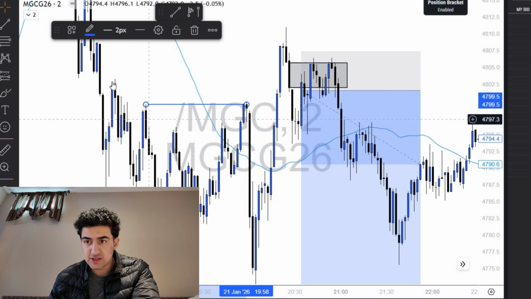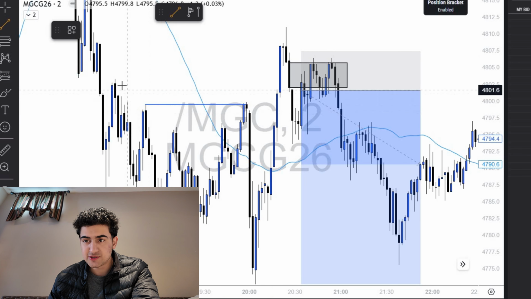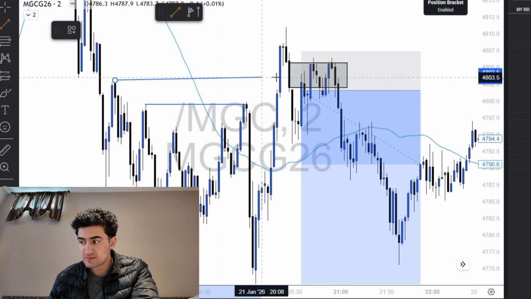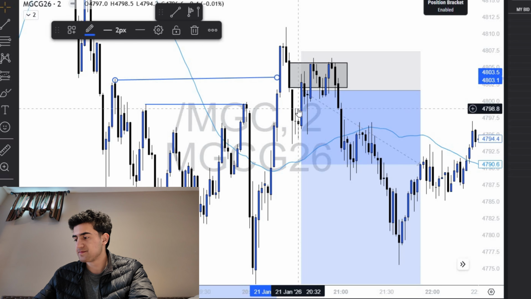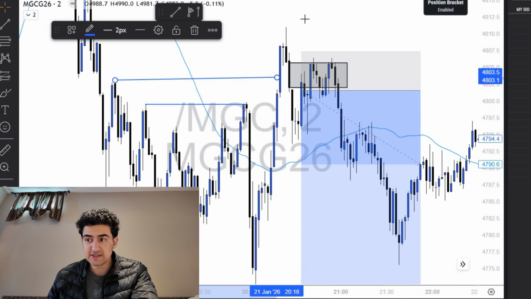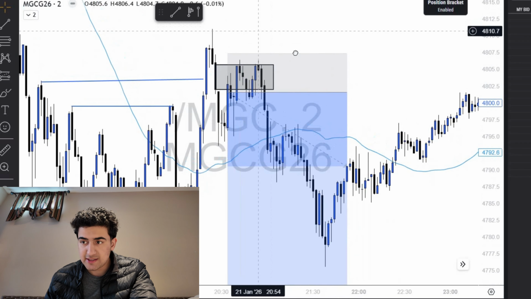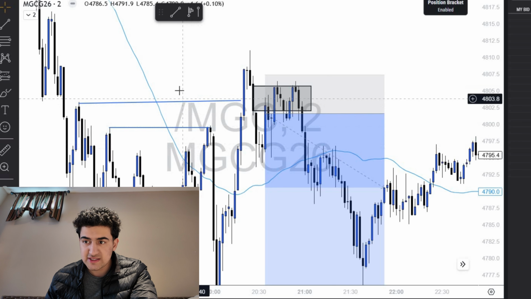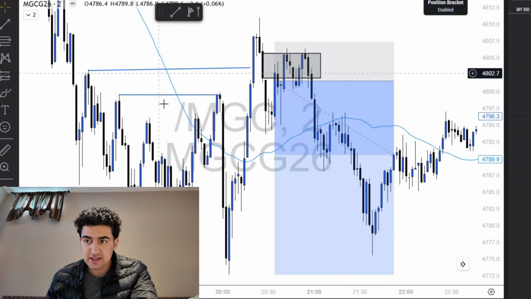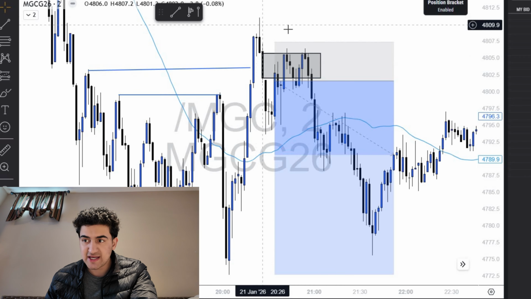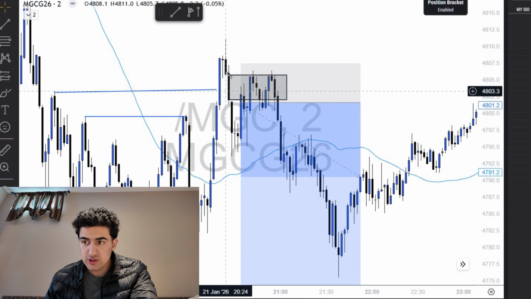We have these liquidities, we have this one. So this is what liquidity is, and right here we take out all of these, the marks I made, this one and this one, and we make a fair value gap right here.